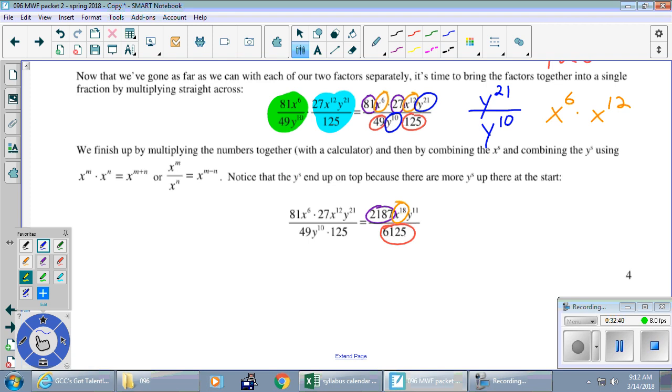Where do you put the y to the 11? Top, because that's where there are more. Y to the 11 up there. And that's the simplified final version of this problem. Technically, we should make sure that 2187 over 6125 is reduced. It is, but that's the only last piece to this, is that you might have to reduce some numbers at the end.